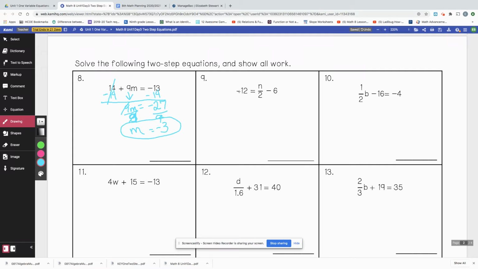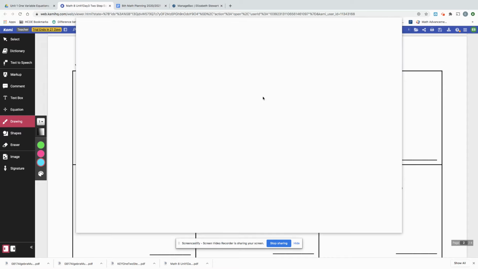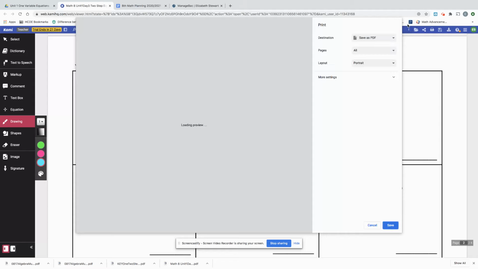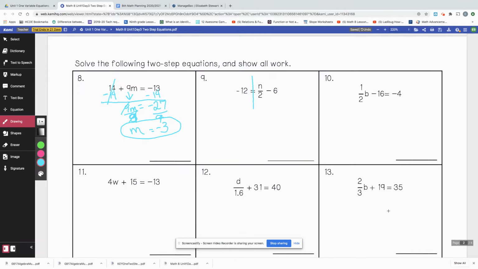Number 9. I love number 9 because there's a couple different ways we can interpret number 9. Notice on the left, I only have a constant, and on the right, I have a term with a variable and a term that's a constant.